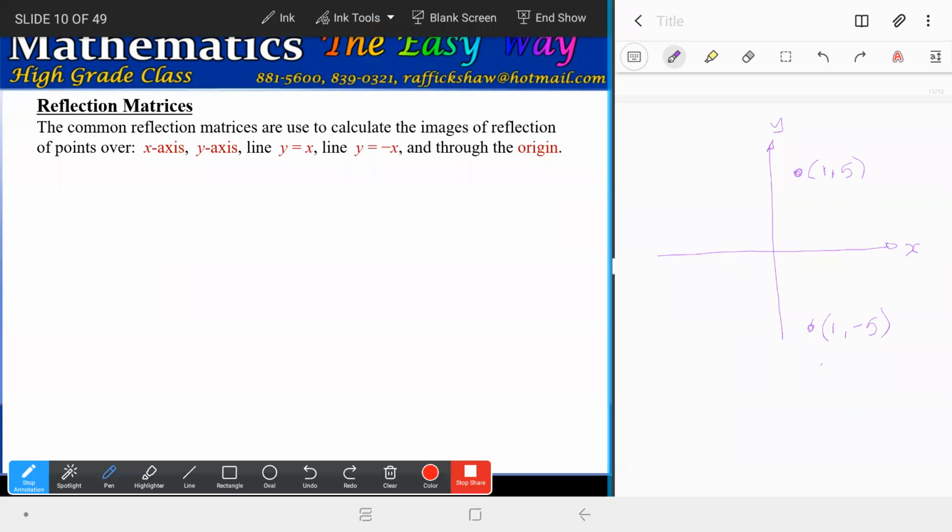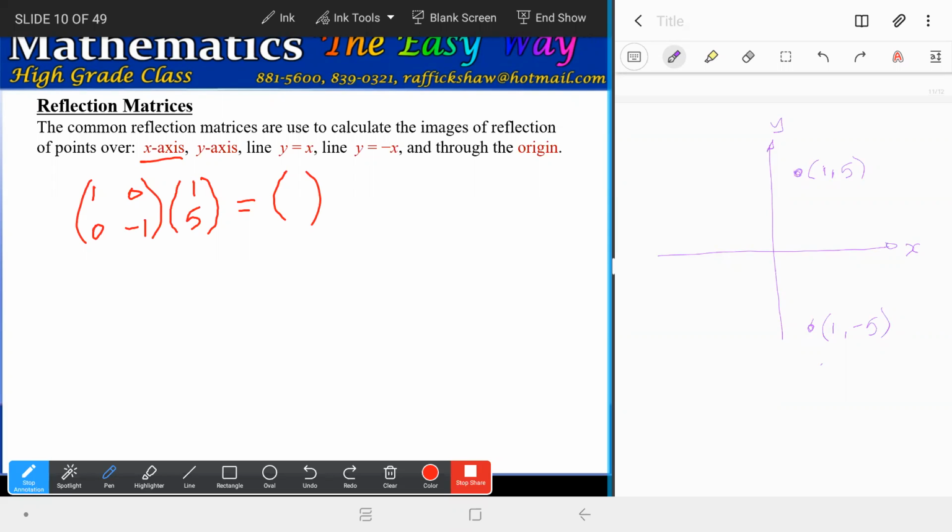So I'm doing the matrix for the x-axis, and we agree the point is going to go to (1, -5). The matrix for reflection over the x-axis, I tell you now, is 1, 0, 0, -1. If I multiply this reflection matrix by the point (1, 5), remembering that we use a column vector, that calculation is going to give me my answer. It's going to tell me that my image is the point down here, (1, -5).